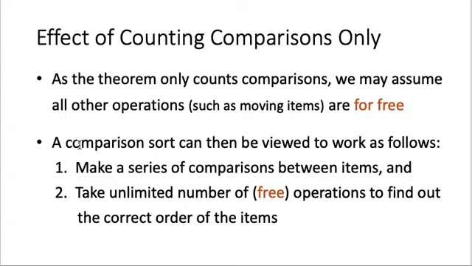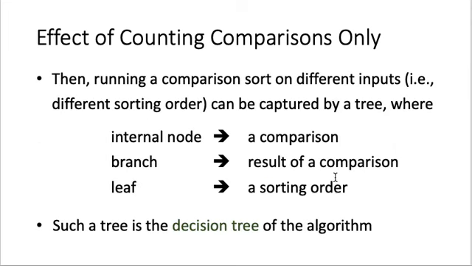In that case, for a comparison sort, we can switch a little bit of its order and view it as working like the following. It first makes a series of comparisons between items, and then it may take an unlimited number of free operations to find out the correct order of the items. Running a comparison sort on different inputs, meaning different sorting orders of the items given from the beginning, is then captured by something like a tree.